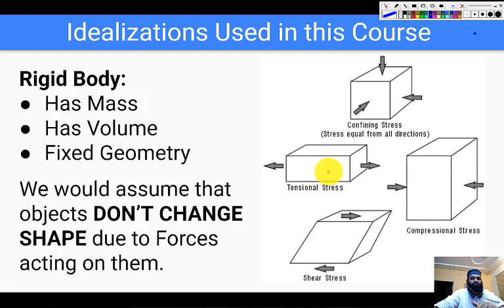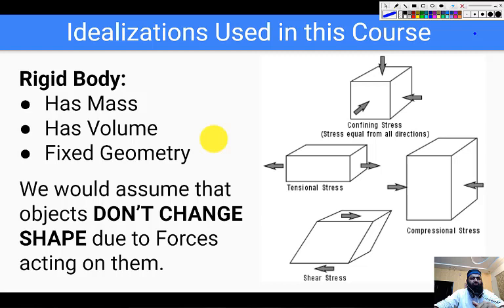We won't be able to solve our problem very easily if we look at the change in geometry. If we have something which is very strong, let's assume I have this glass here, if I push this glass, the shape of the glass does change. It changes very little, but it does change.